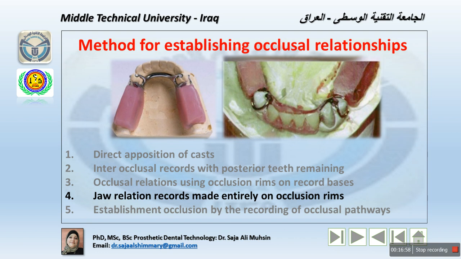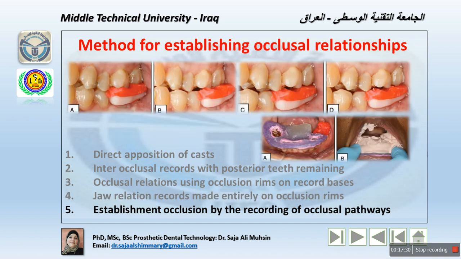It is used when no occlusal contact occurs between the remaining natural teeth, such as when an opposing maxillary complete denture is to be made concurrently with a mandibular removable partial denture. It may also be used in those rare situations in which the few remaining teeth do not occlude and will not influence eccentric jaw movements.